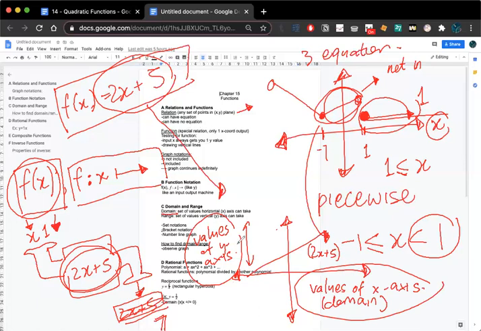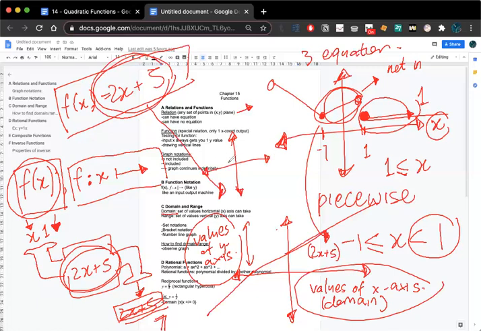So in the case of this equation, the values would be infinite since it's just a straight line. But there are also other cases where in other functions the values are limited.